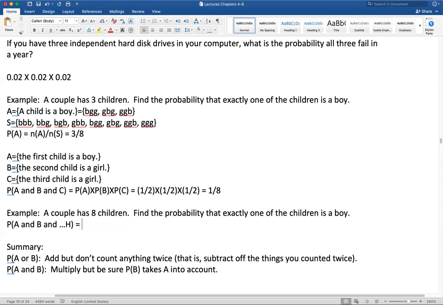So now that's gonna be P of A times through the P of H. Let's say A is the event that represents the first child is a boy, and all the other events B through H are events that the child is a girl. It's gonna be one half times one half to the eighth power, right?